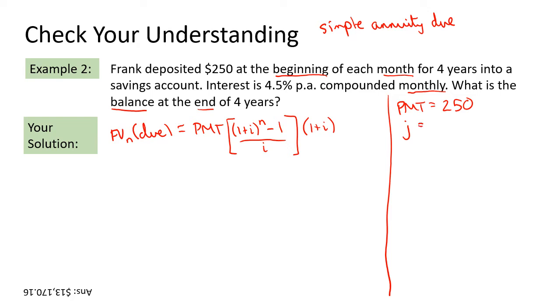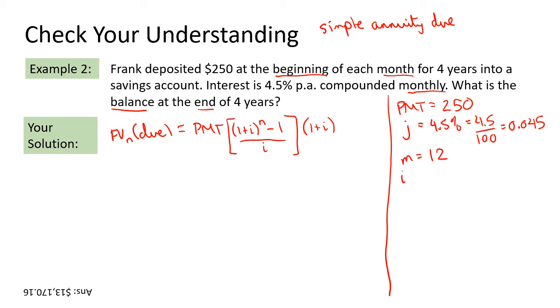Your nominal interest rate, J, is 4.5%, which is 4.5 divided by 100, removing the percentage sign, or 0.045. Just like the last question, your number of compounding periods is 12 because it's monthly.